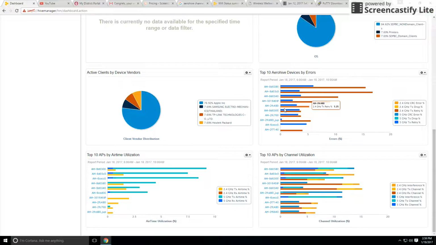What's interesting is the one that had the most airtime utilization, which was 8D0300, has relatively modest levels of retry. And the one that seems to have the correlation of high retry rates and high airtime utilization is 8D03C0, which was pretty high on both of them.